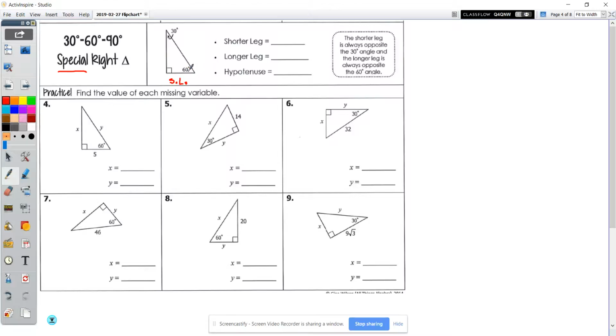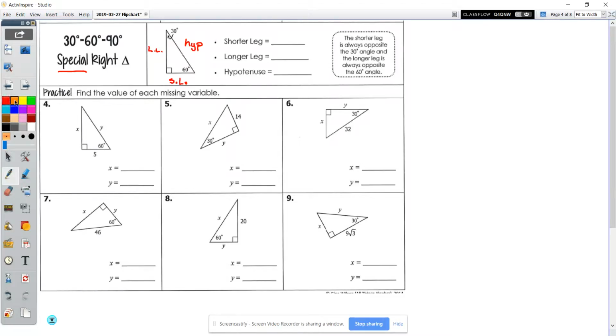The leg opposite the 60-degree angle, and this is a real technical term, so follow closely, I'm going to call the long leg, and let's use LL to represent that. This other side, opposite the right angle, is the hypotenuse. That hasn't changed.